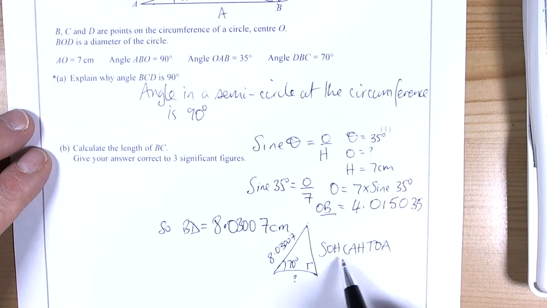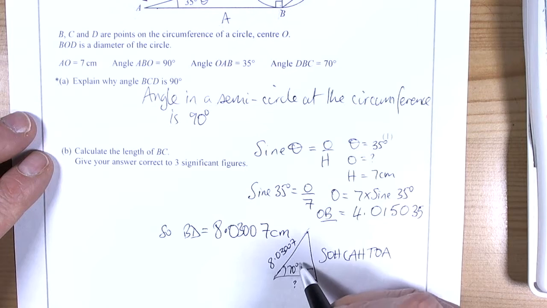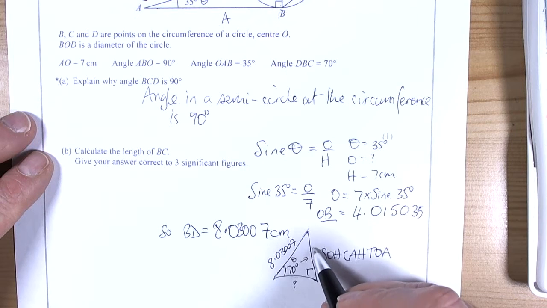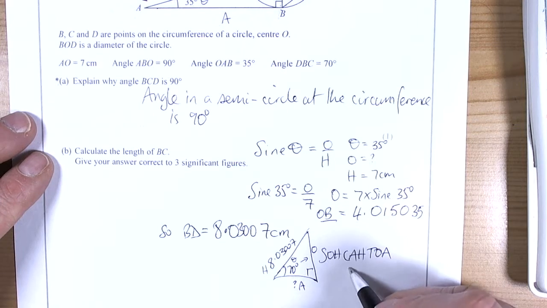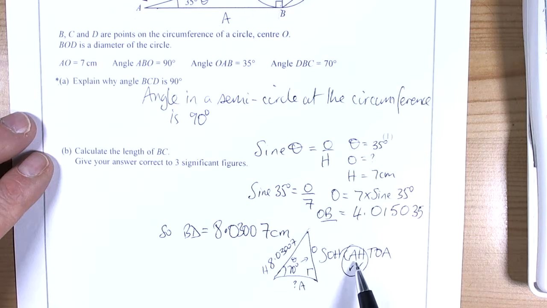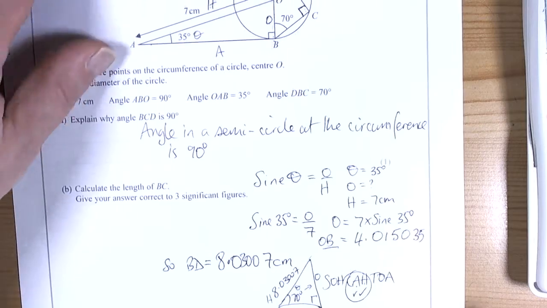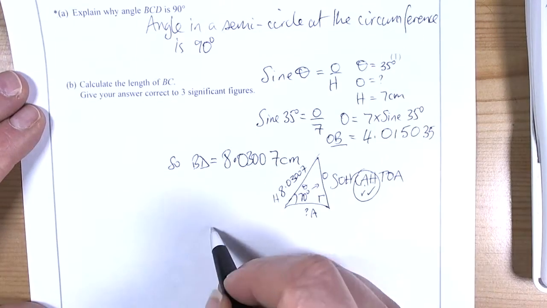There's our theta, so this will be our opposite side, this will be our adjacent side, and this will be our hypotenuse. We need the adjacent length and know the hypotenuse length, so we're using the cosine ratio.